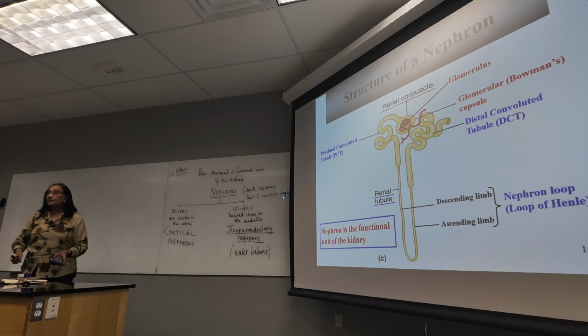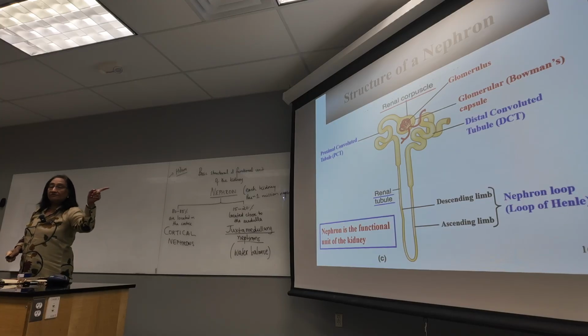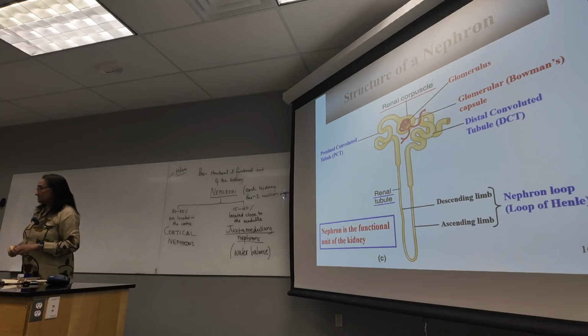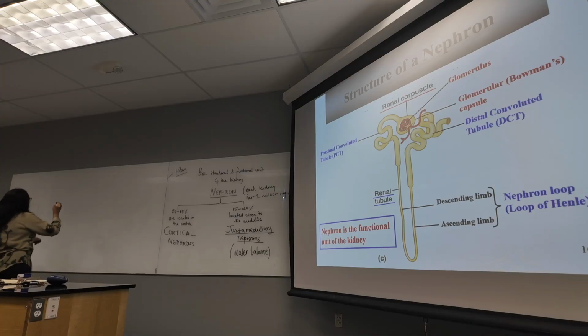So we are talking about individual nephrons. So we have roughly 1 million like this, okay? A nephron is made up of two parts. The starting portion of the nephron, the first part of the nephron, is called the renal corpuscle.